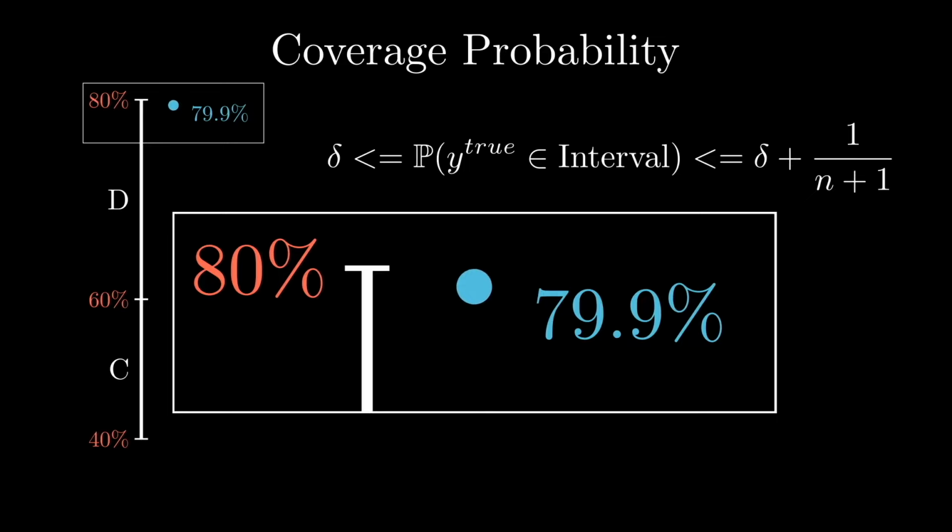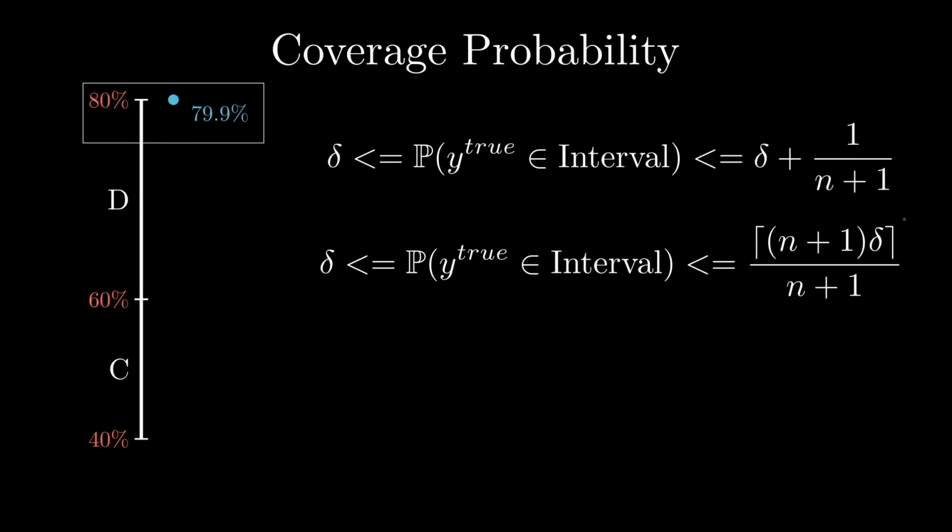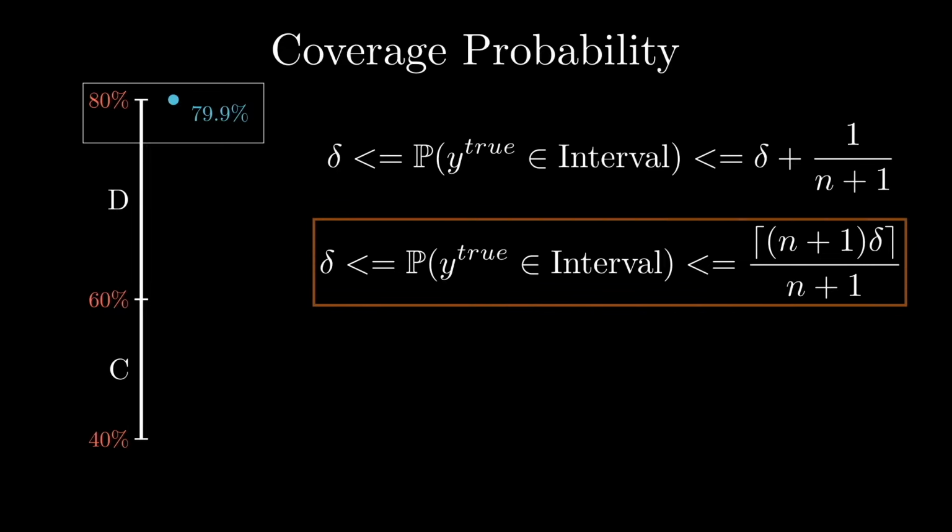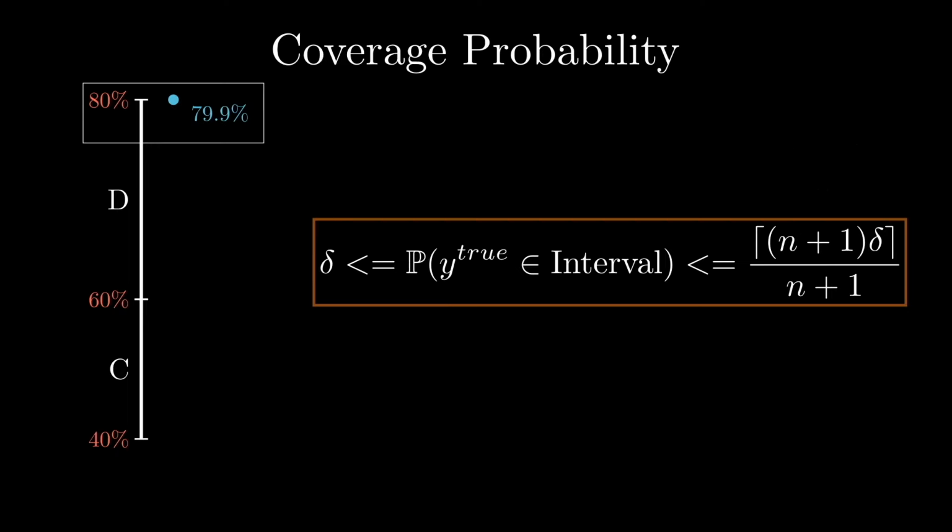To take this into account, we need to modify the right-hand side of the inequality. And the new upper bound will always be smaller or equal to the old one, but never greater than it, rendering the new relation more precise than the old one.